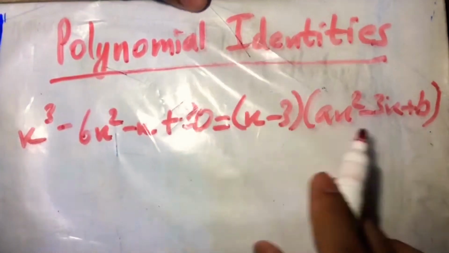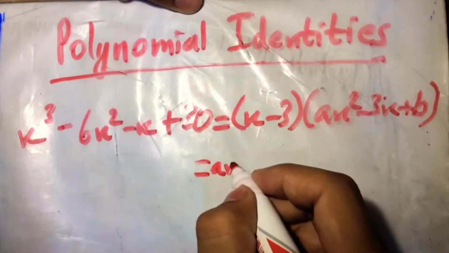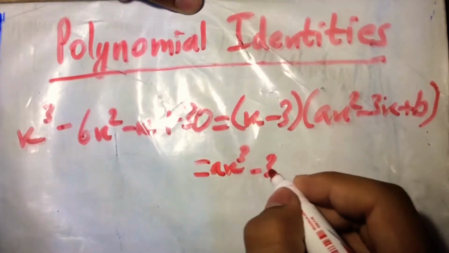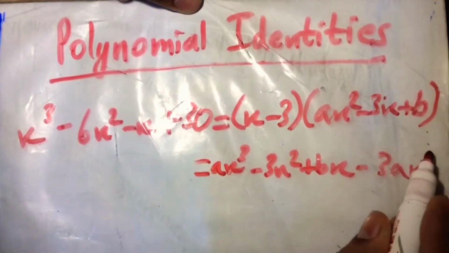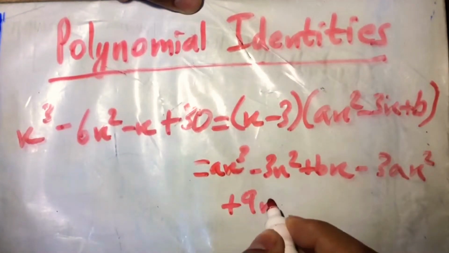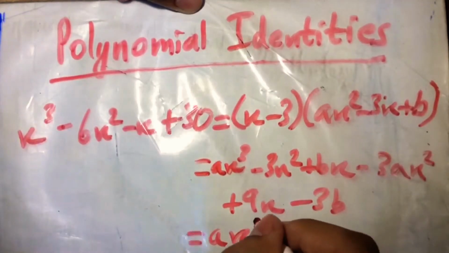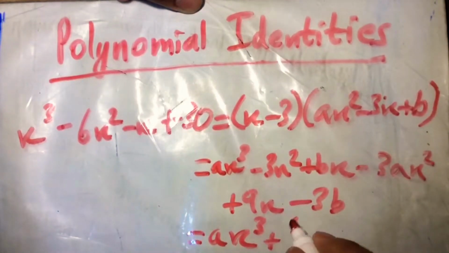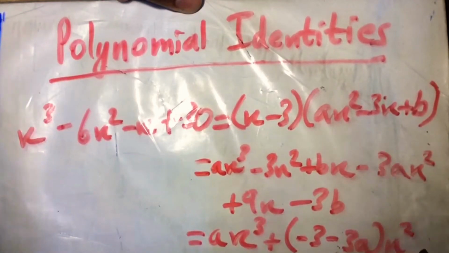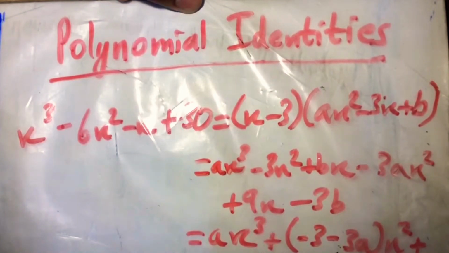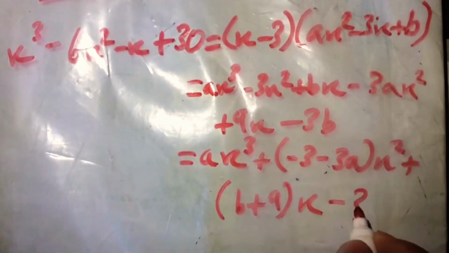So what we'll do is first we'll simplify this side of the equals sign. So this is equal to ax cube minus 3x square plus bx minus 3ax square plus 9x minus 3b, equals ax cube plus minus 3a x square plus b plus 9x minus 3b.